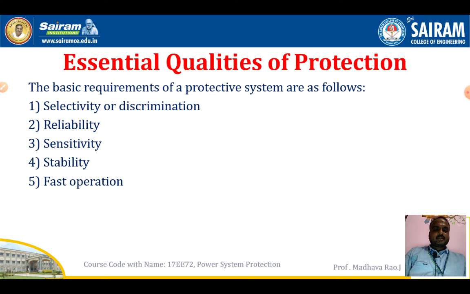Some of the relays will operate within 3 to 5 seconds. Those types of relays we will use in extra high voltage and high voltage distribution and transmission lines. So these are the essential qualities of power system protection.